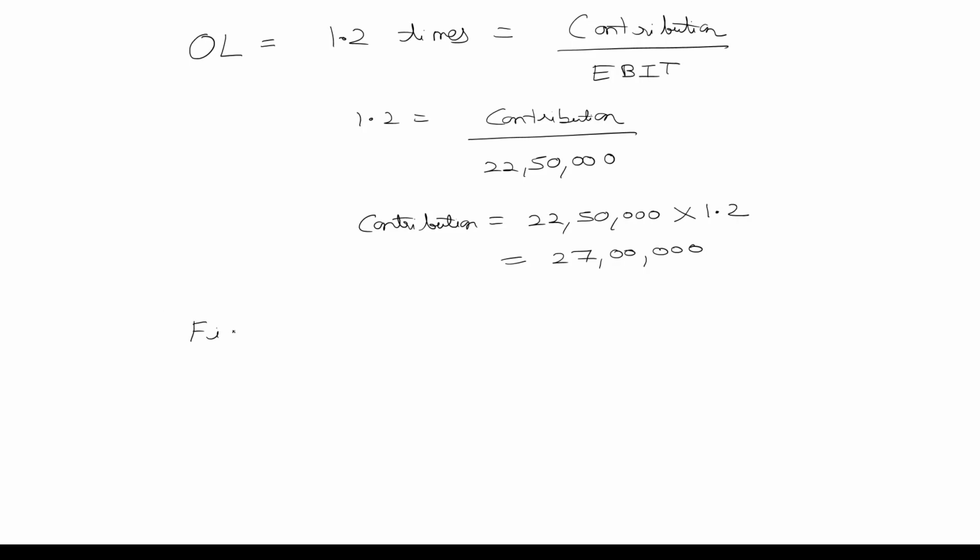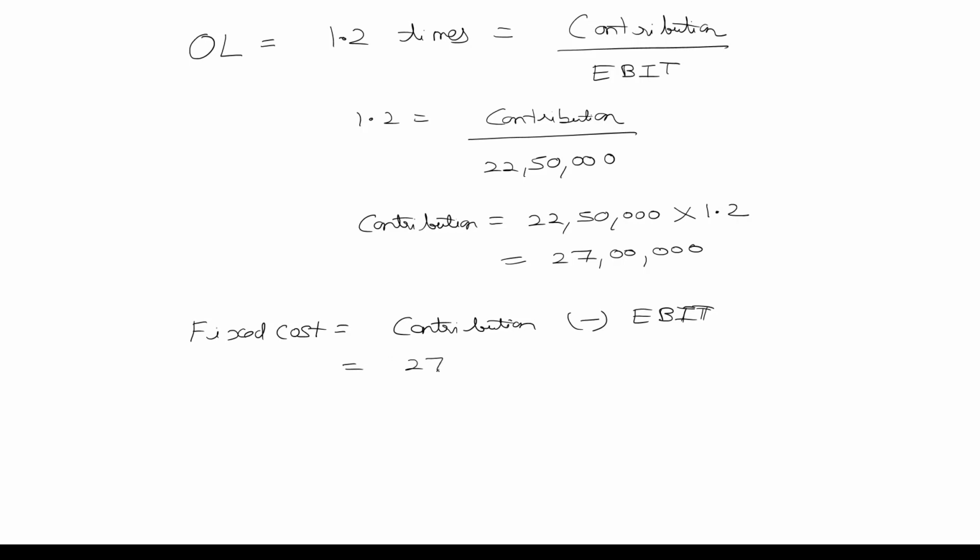Fixed cost is the difference between contribution and EBIT. If you look into the income statement, how would we have calculated EBIT? Contribution minus fixed cost. So that means fixed cost is contribution minus EBIT.